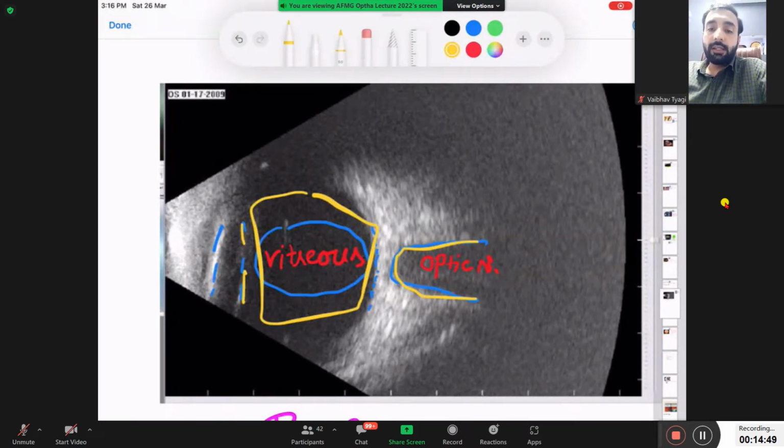Or if there is any trauma to the patient, cornea is total white, total corneal opacity is present, then also we cannot see the fundus behind the cornea. Okay? So it depends on the grading of the corneal opacity and density of the cataract. If mild ones are there, we can see through indirect. If very advanced stages are there, then we have to see retina through B-scan ultrasonography. Okay, clear?